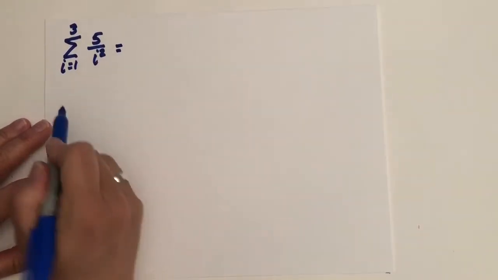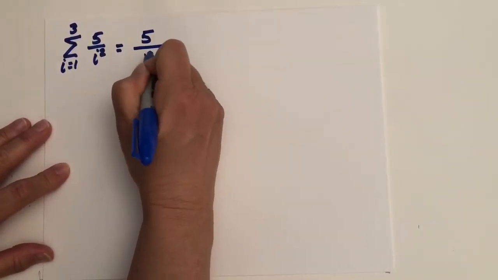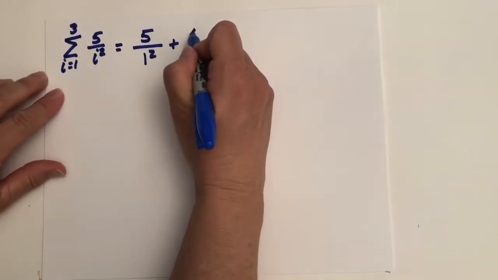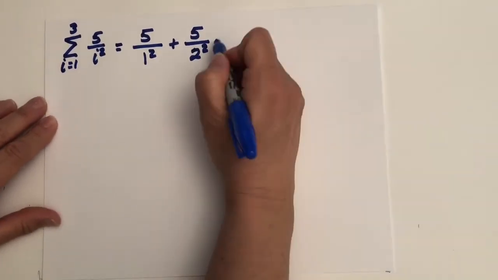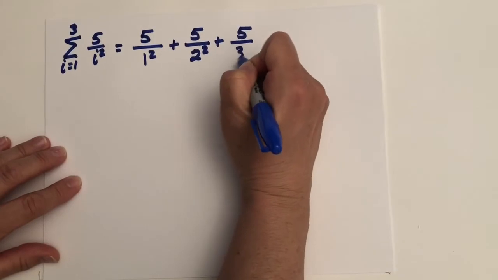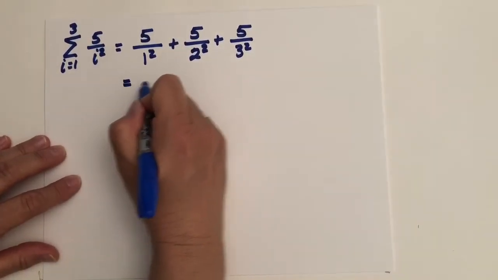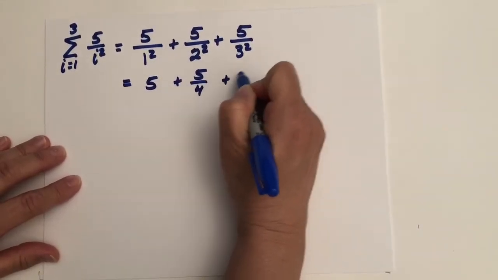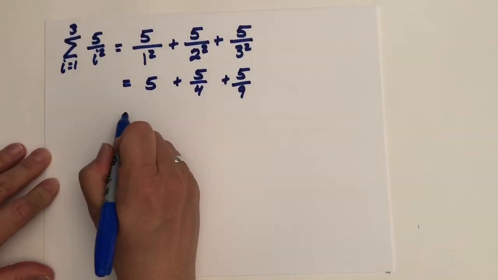So we substitute in 1, so we would have 5 over 1 squared plus, substitute in 2, we just increment by 1, and we stop when we get to 3. So we're simply finding that sum. So we have 5 plus 5/4 plus 5/9, and now we realize we just have an arithmetic problem, right?